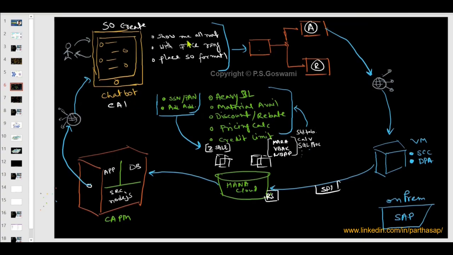So after placing the order, maybe the user wants to know whether it got approved or not. Let's say the user placed a sales order of more than 100 quantity or something like that, and wants to know whether it processed successfully or not. So that is a valid scenario.